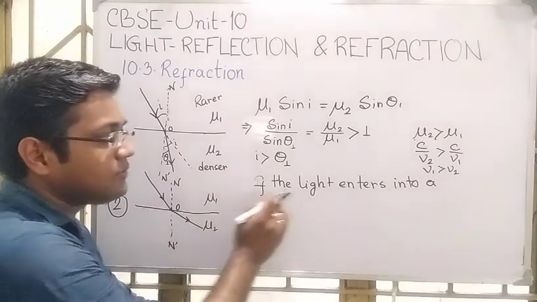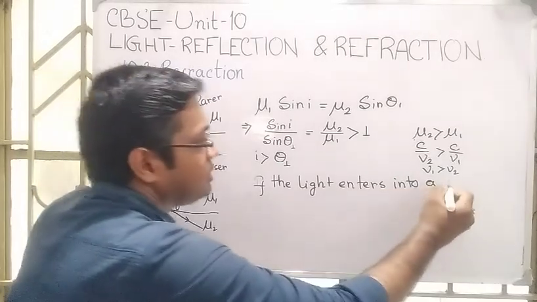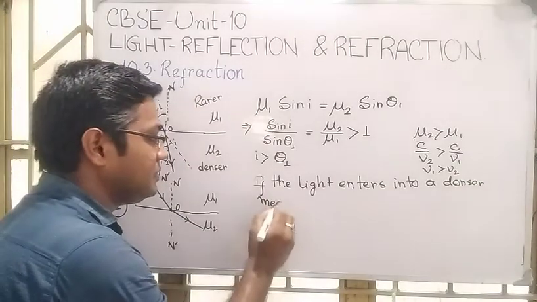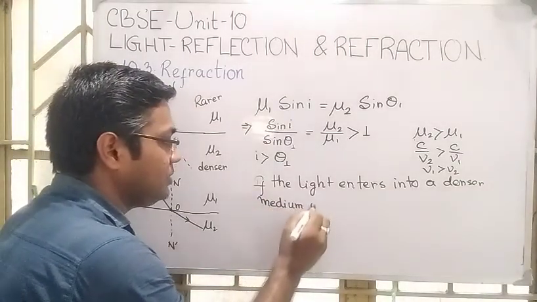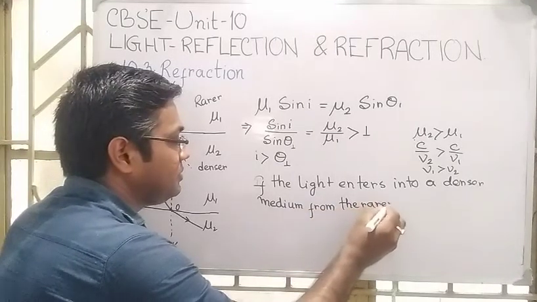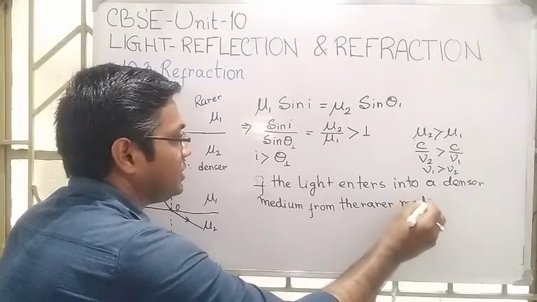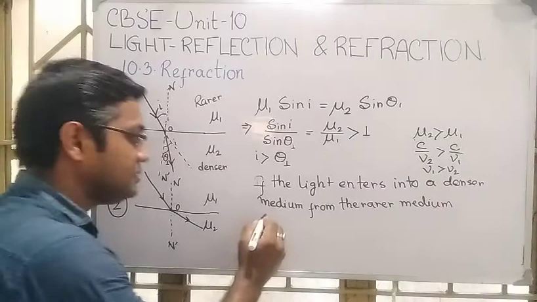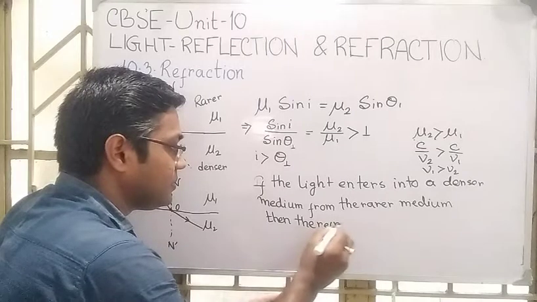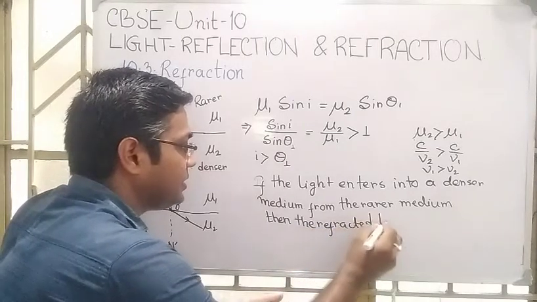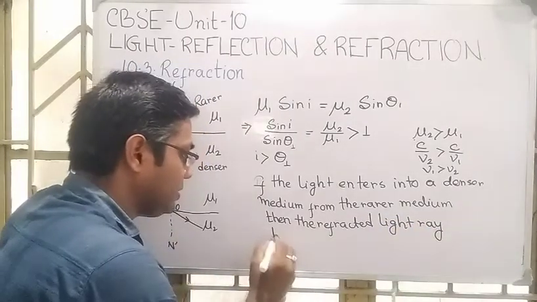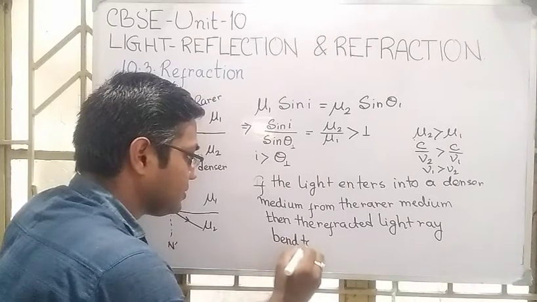So I can write, if the light enters into a denser medium from the rarer medium, then the refracted light ray bends towards the normal.